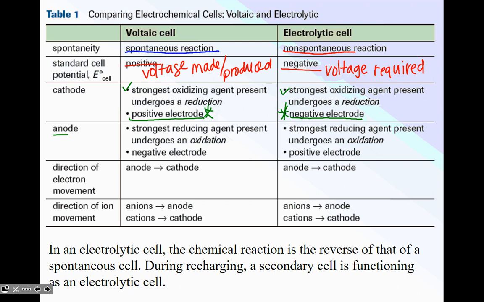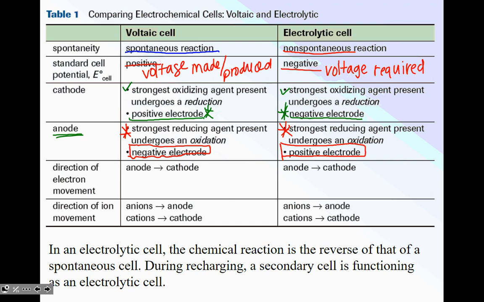So let's talk about what's happening in the anode. Your strongest reducing agent present undergoes oxidation, and that's the same, right? The difference is in a voltaic cell, your anode is negative, and in an electrolytic cell, your anode is a positive electrode. So that's a difference.